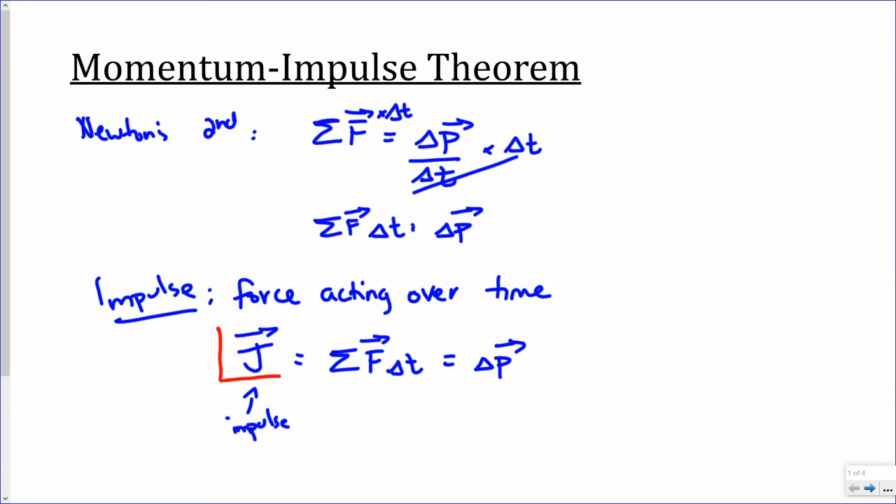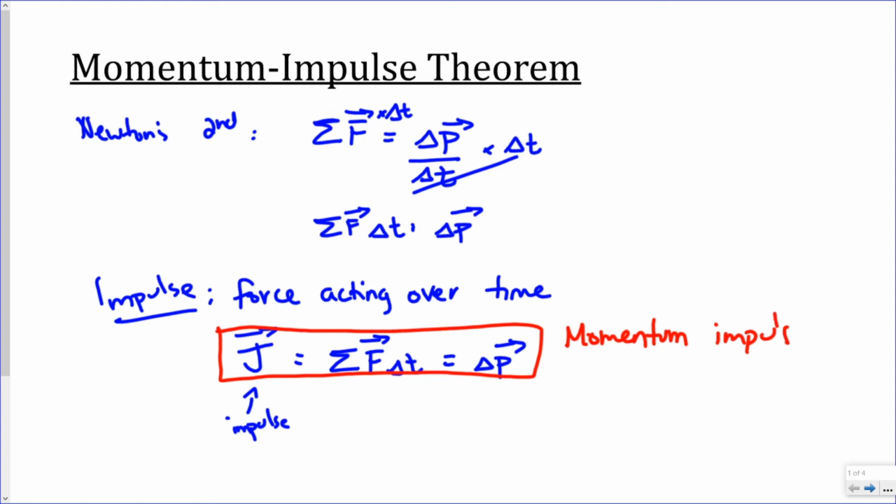Let's put a box around it. So it's relating the change in momentum to be equal to impulse, this new thing, and it's also equal to the net force times time.